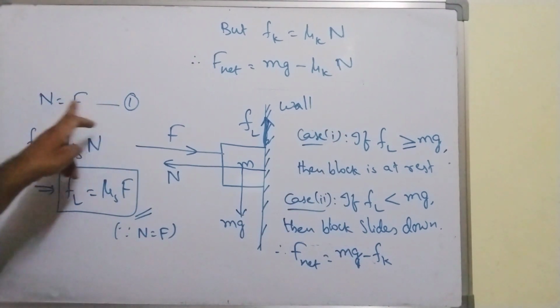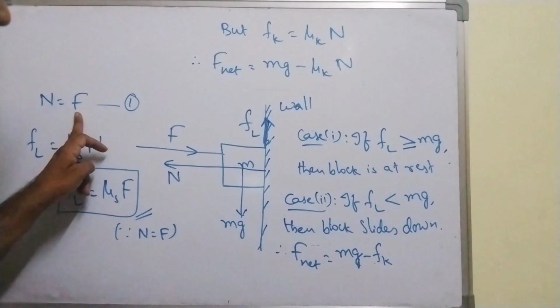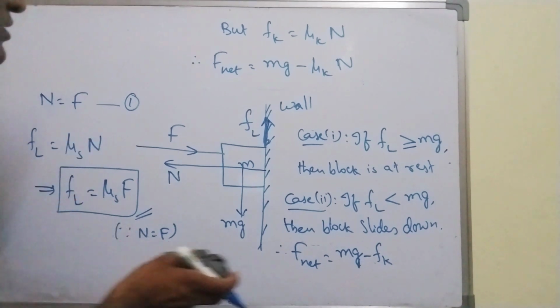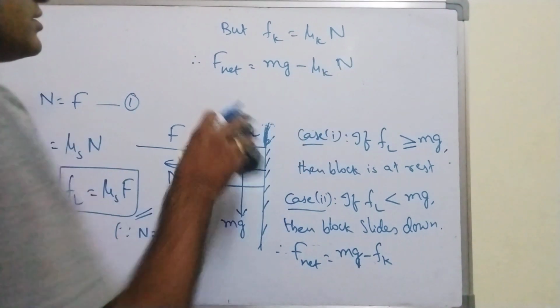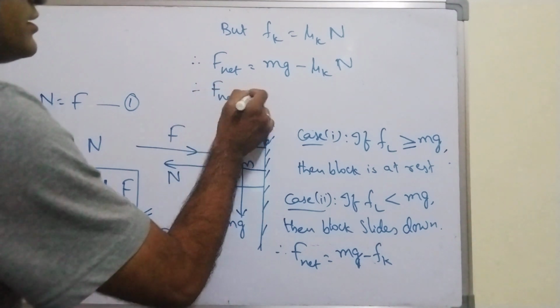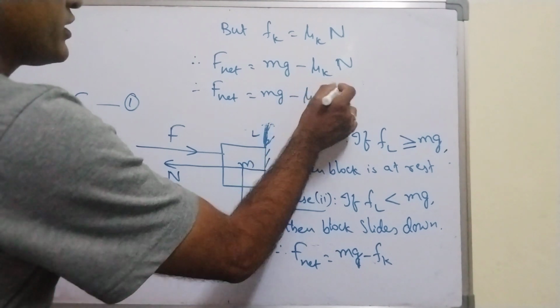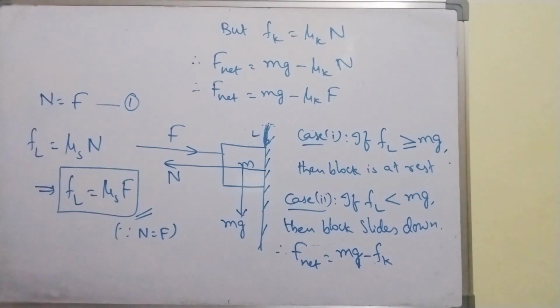But what is N? The N value is equal to F from equation 1, is it not? So let me write here. Therefore, F net is equal to mg minus mu k into F. But I want acceleration.